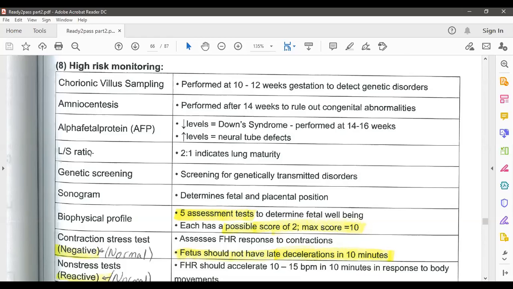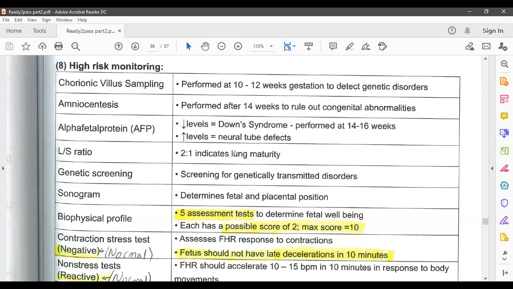The other test is called the L/S ratio, the lecithin surfactant ratio. Usually the L/S ratio is 2:1.